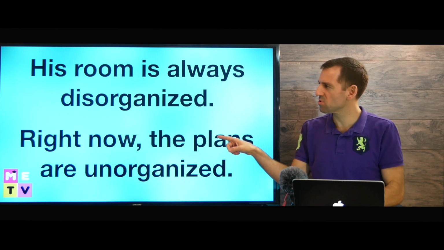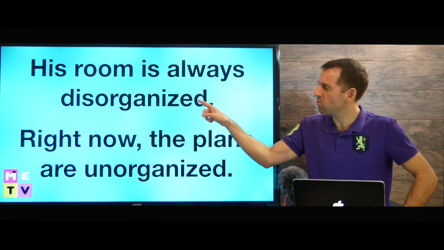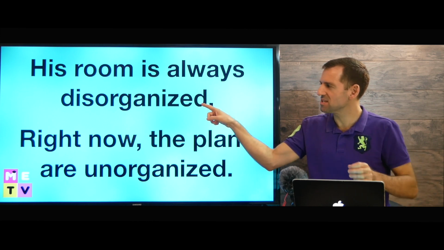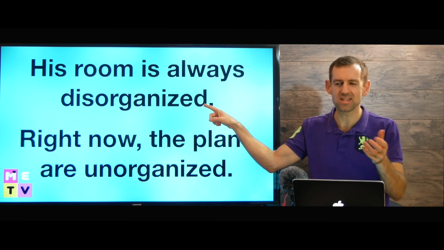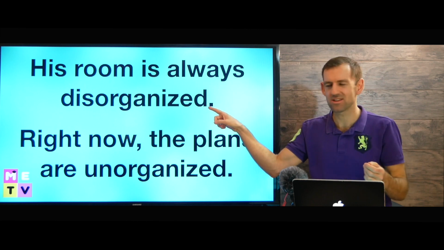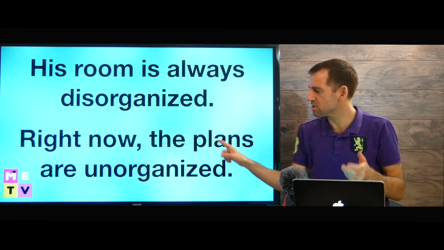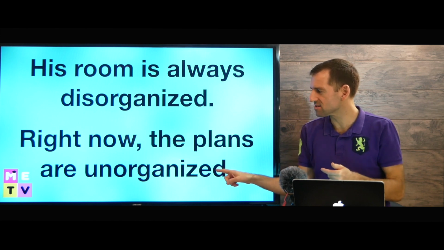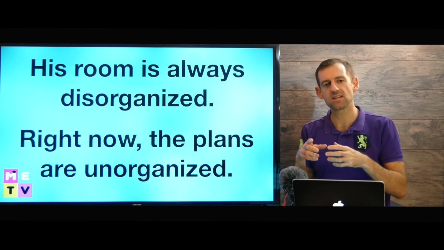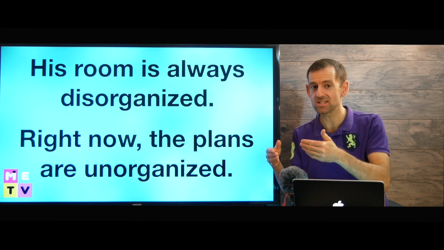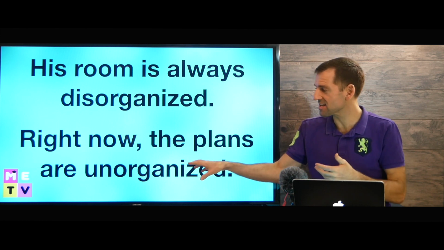For example, his room is always disorganized. That means his room is always messy. He leaves his stuff everywhere. It's so disorganized. But if I say right now, the plans are unorganized, that means the plans have not been organized yet. So we could say that.